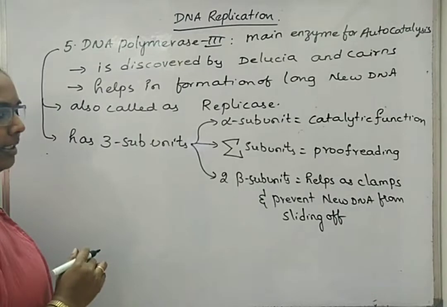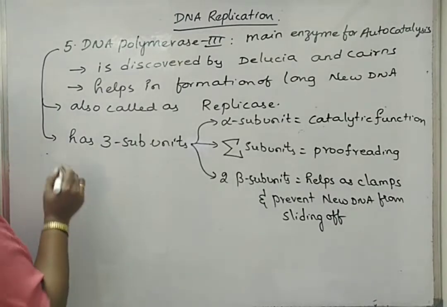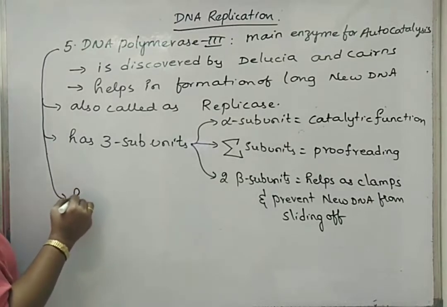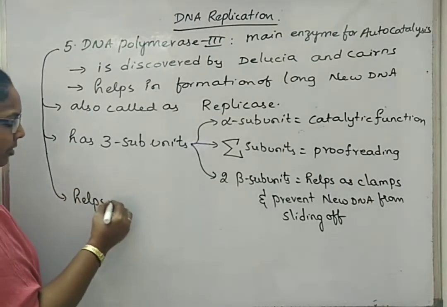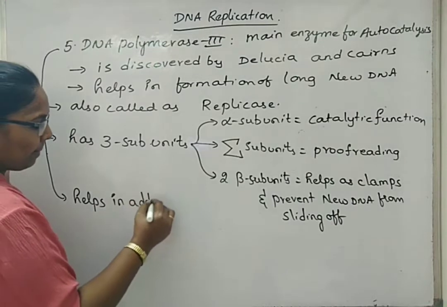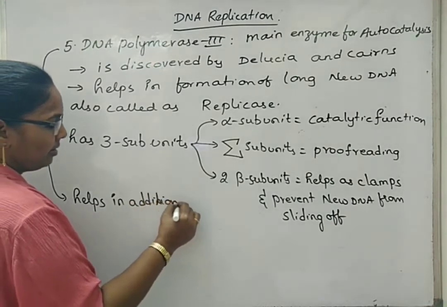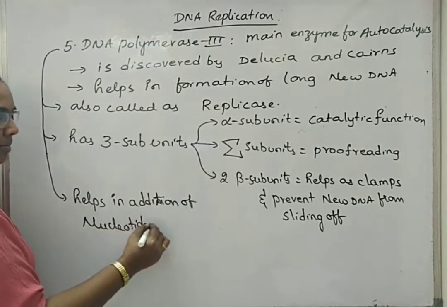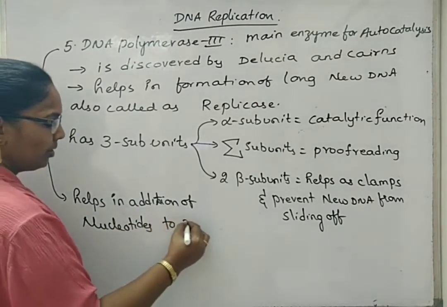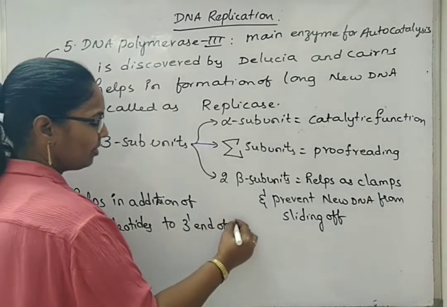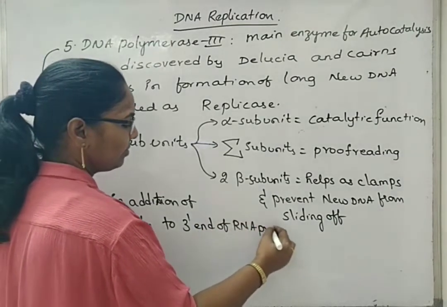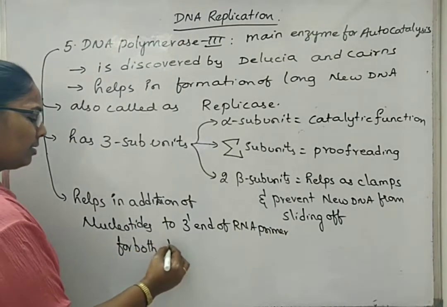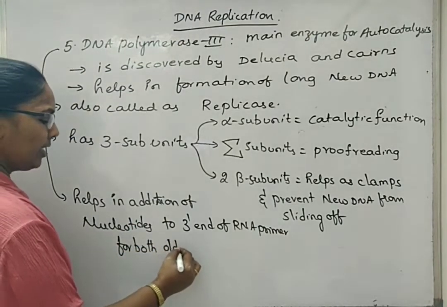So this is about DNA polymerase 1, 2 and 3. We can frame out one more sentence that this DNA polymerase helps in addition of nucleotides to the 3' end of RNA primer for both old strands of DNA.